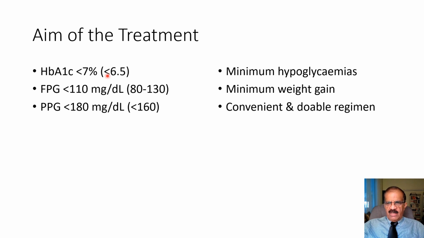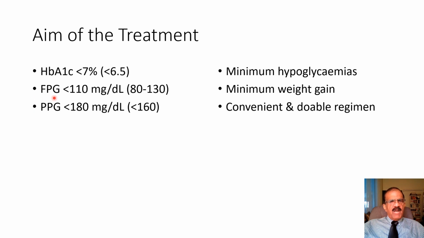Various societies have given different goals. 7 is typically given by the American Diabetes Association and the European Association for the Study of Diabetes. 6.5 is given by IDF and also by the American College of Clinical Endocrinologists. But all societies indicate that you should get to less than 7 if possible, without the side effects of the medication.